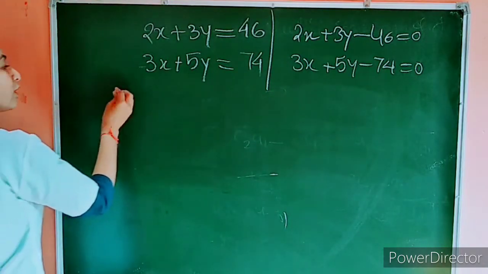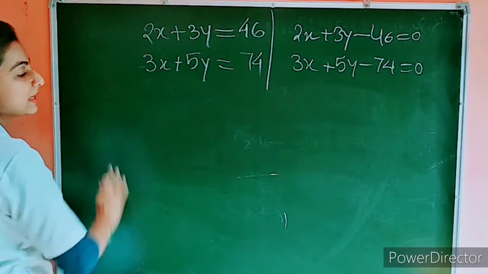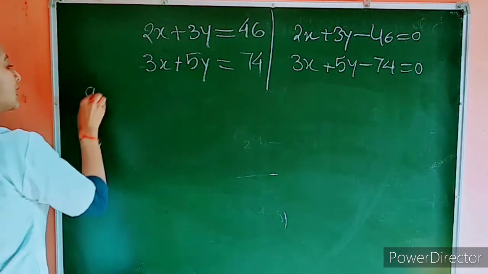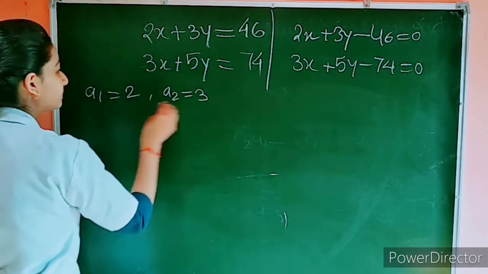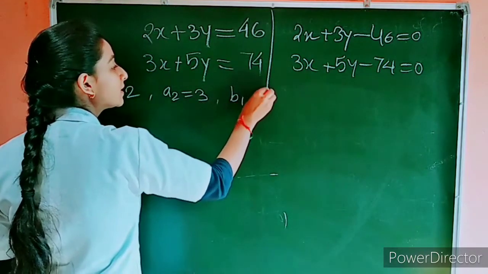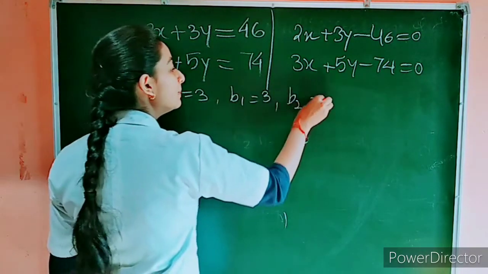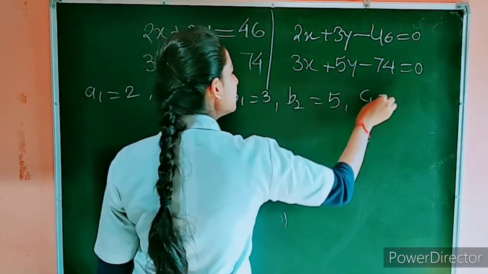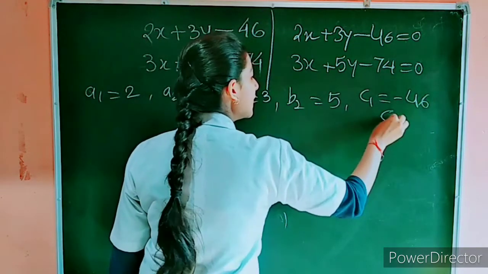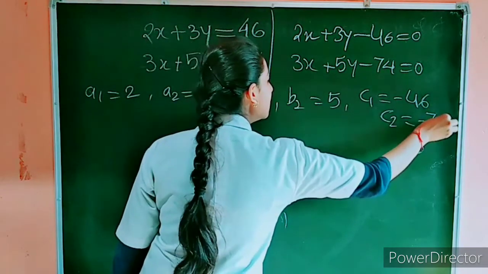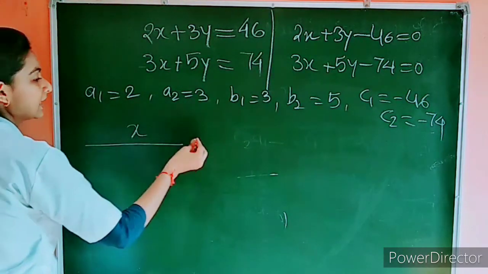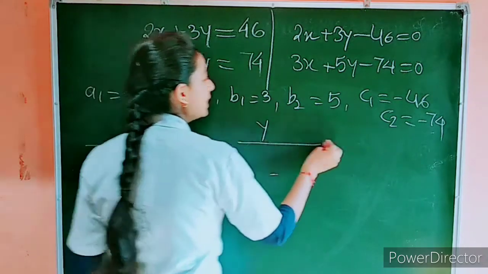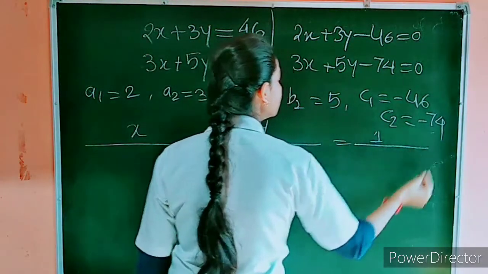Now by cross multiplication, first we will compare these values. a1 will be 2, a2 will be 3, b1 will be 3, b2 will be 5, c1 will be minus 46 and c2 will be minus 74. Now x, y and 1.